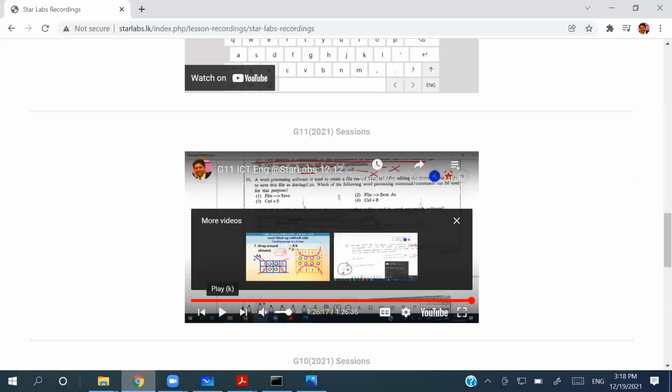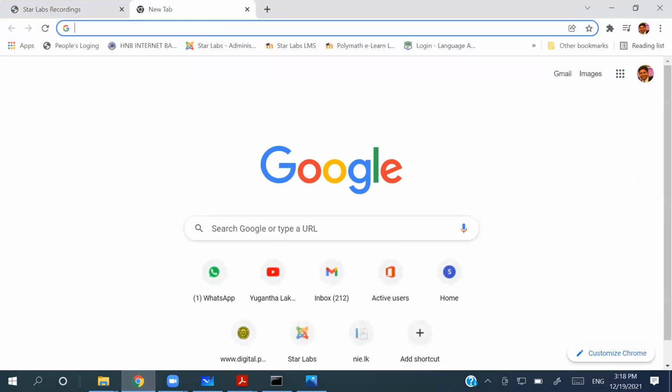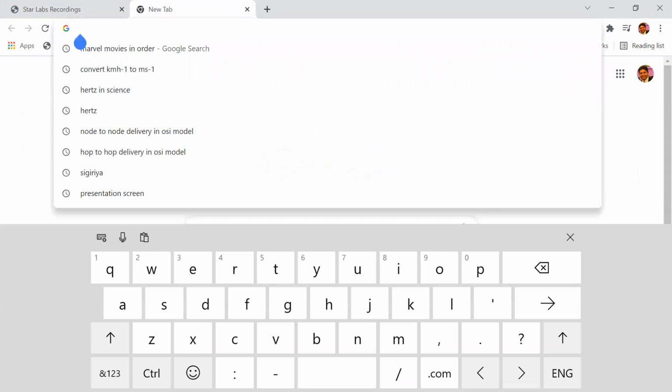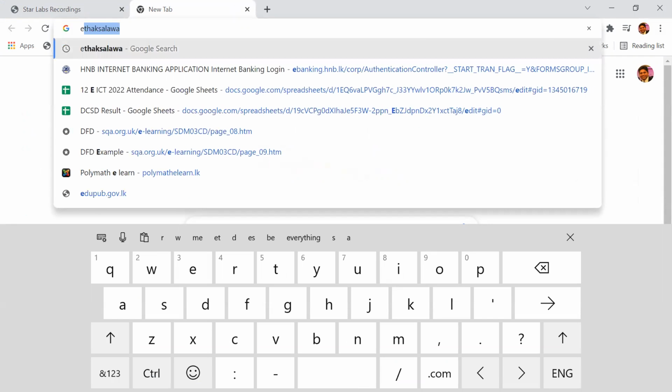Just give me a minute, people, while I search whether the 2011 marking scheme is there on the eThuxer website.